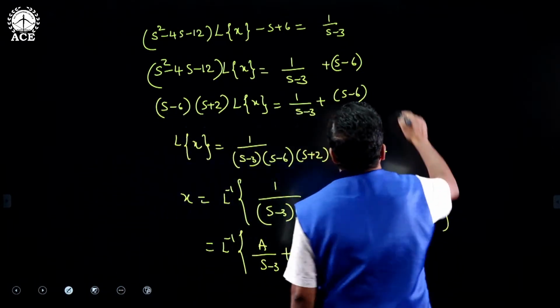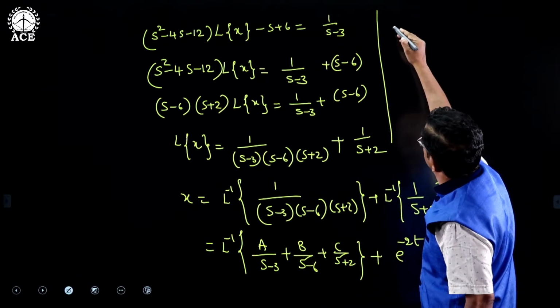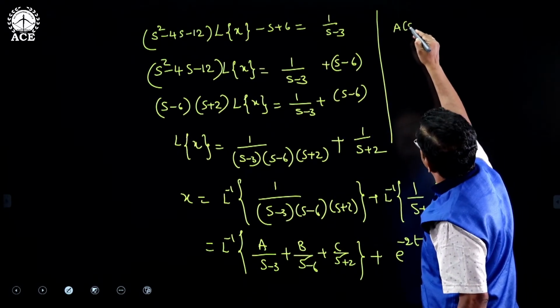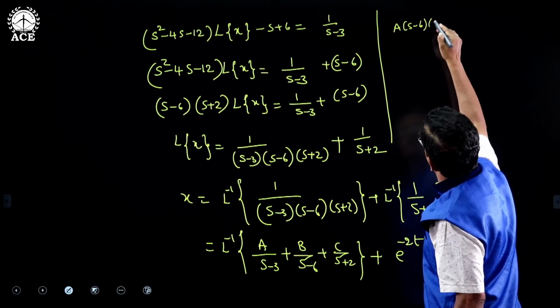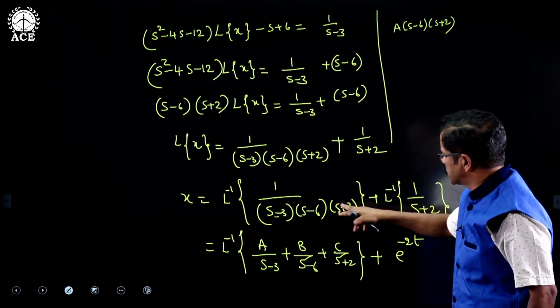Similarly, now I have to evaluate the partial fractions a, b, c. So let us see how we evaluate. a into s minus 6 into s plus 2, because the total LCM is s minus 3 into s minus 6 into s plus 2.